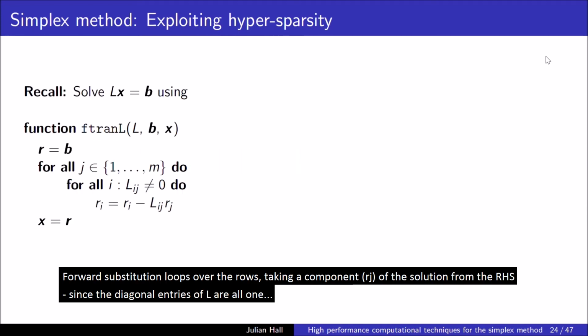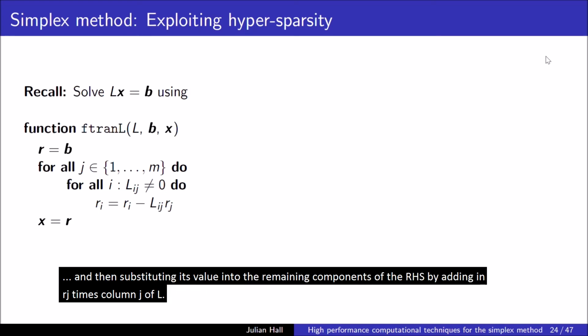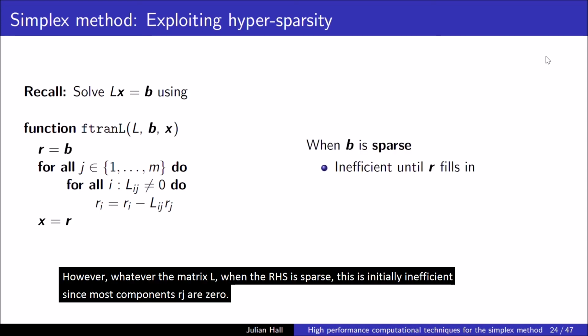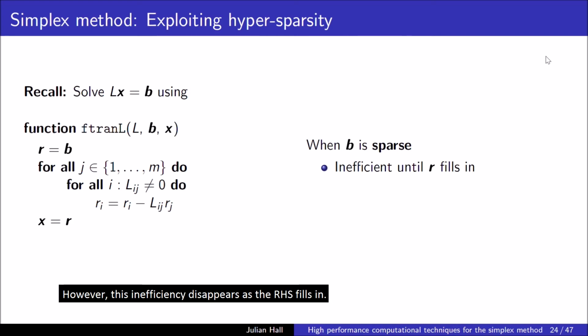Forward substitution loops over the rows, taking a component Rj of the solution from the right-hand side, since the diagonal entries of L are all 1, and then substituting its value into the remaining components of the right-hand side by adding in Rj times column j of L. However, whatever the matrix L, when the right-hand side is sparse, this is initially inefficient, since most components Rj are 0. However, this inefficiency disappears as the right-hand side fills in.